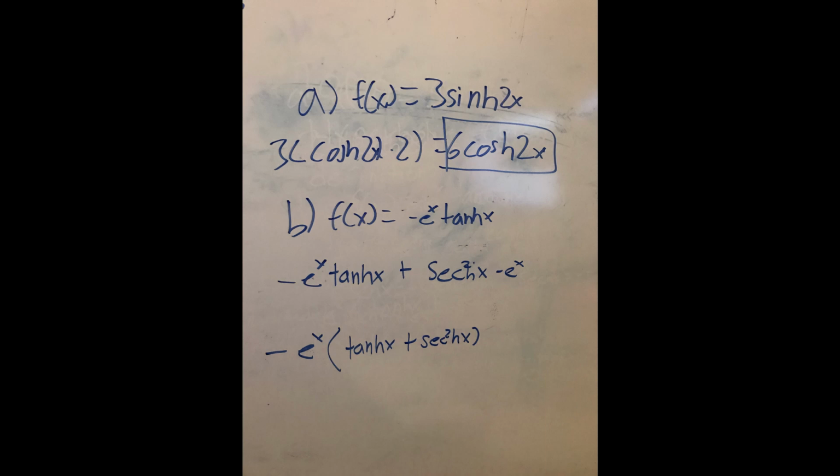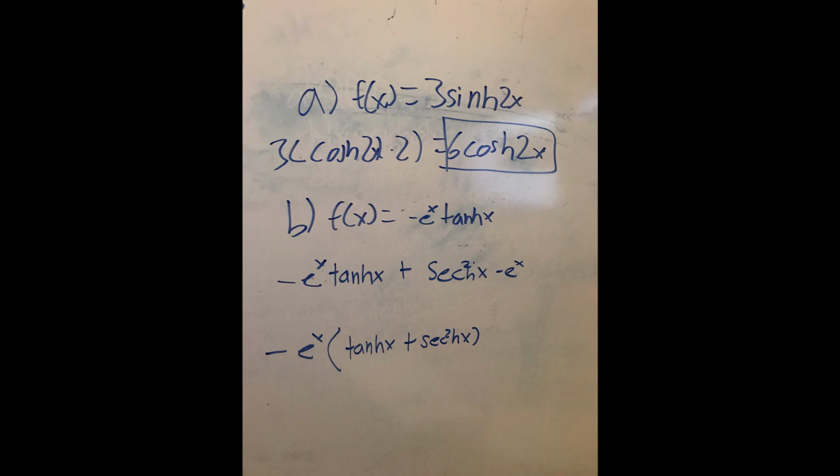Okay, so an example here is we have f of x equals 3 sinh of 2x. We're going to go ahead and take the derivative of this. First, that 3 is the coefficient, so we're going to leave that out.